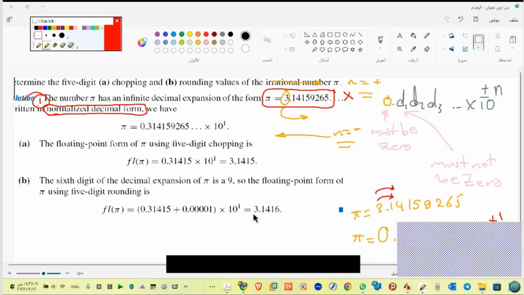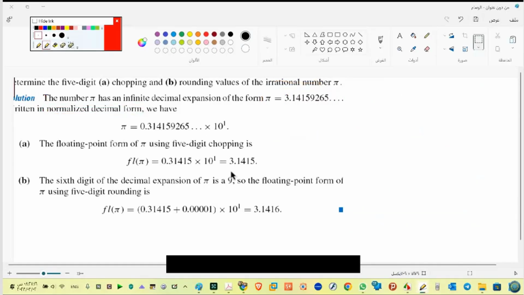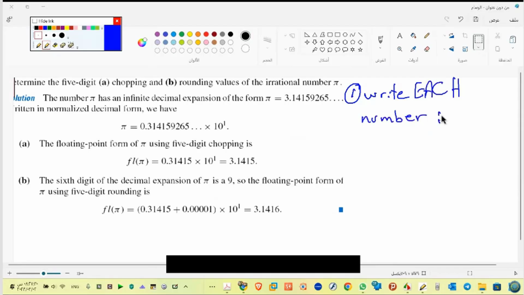Okay, thank you. Now, after that, we have this number. How can I solve this example? First of all, write each number in normalized form like this.